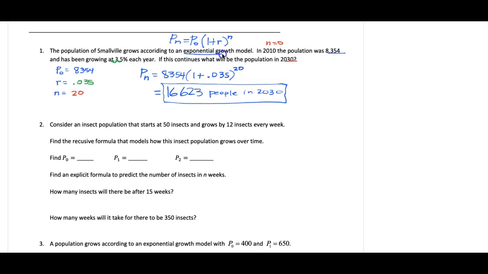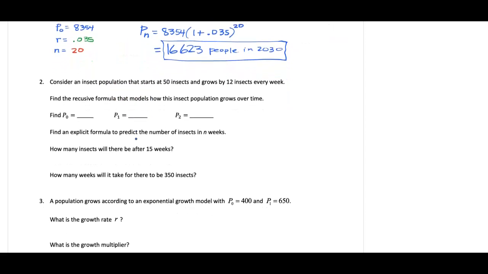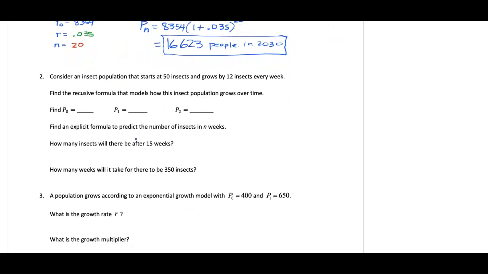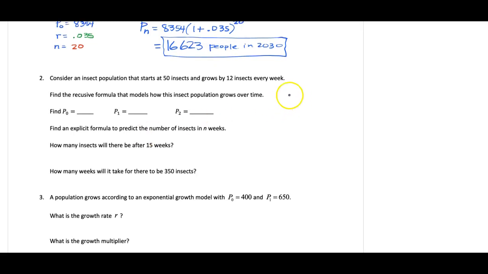On this one, it's not telling me specifically that it's linear, but I know it's linear because it's not increasing by a percentage amount. It's increasing by an actual amount of insects.